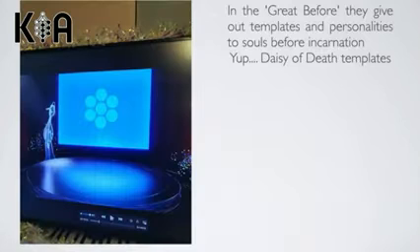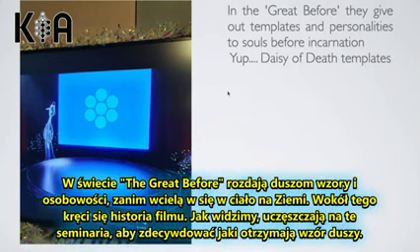Okay, so in the Great Before, basically what they do is they give out templates and personalities to souls before they incarnate into a body on planet Earth. This is like the story of the movie. And as you can see, they're all attending this seminar to decide which soul template they're going to get.